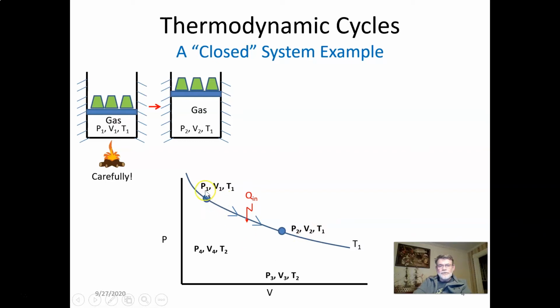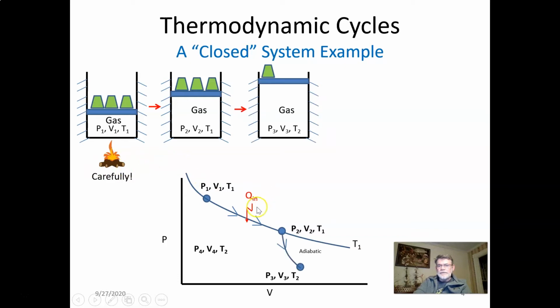When you go from P1, V1, T1 to this state, you see we are following the isothermal line. Its curve is the same temperature. The fire heats the cylinder, and the weight is removed, which lowers the pressure in the gas. The temperature remains constant, but the volume increases, as you see.